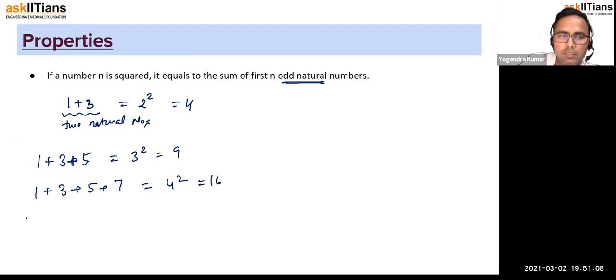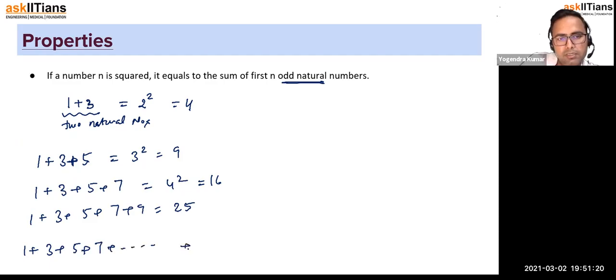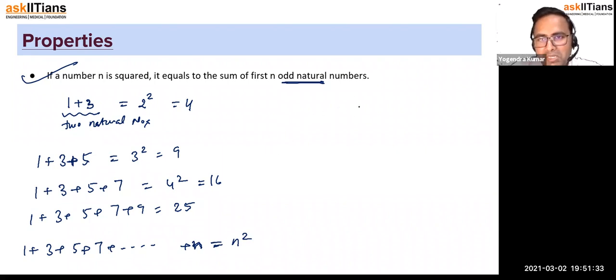Now 1 plus 3 plus 5 plus 7 plus 9, what will it be? 25. So what I said last class also, 1 plus 3 plus 5 plus 7 plus up to n. Suppose till n we are adding, so this is nothing but n square only. So this is what the property says, right? I hope you got it. You can try for more numbers and observe, right? We have seen this property this way also, right?